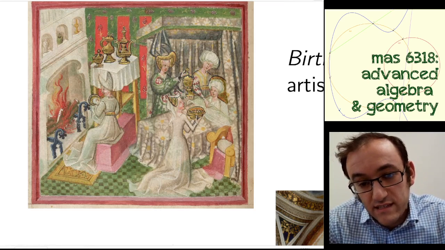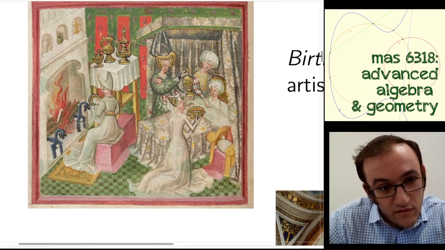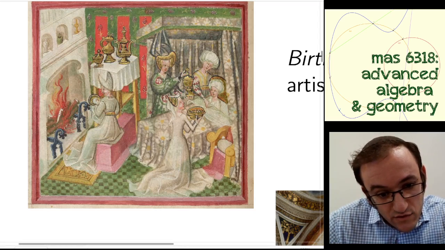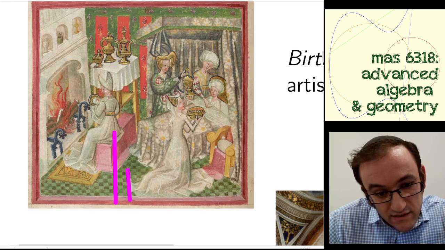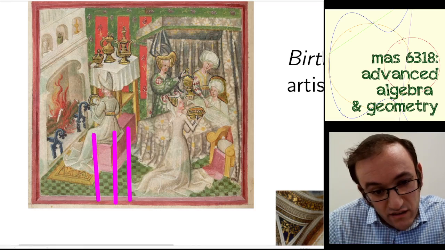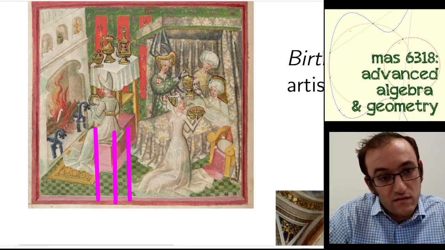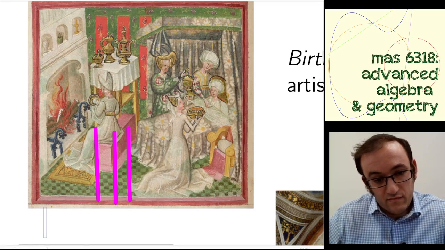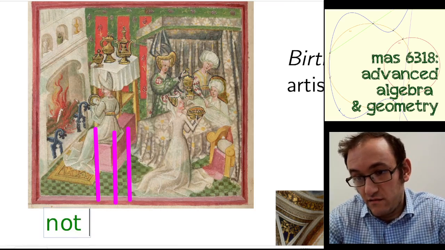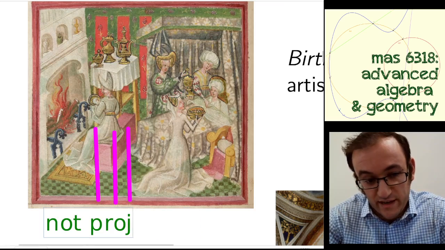So these lines are actually parallel. Drawing a line here. Okay, so the lines defining the tiles along the floor are parallel, indicating that this picture is not projective, right? It's not drawn with perspective.